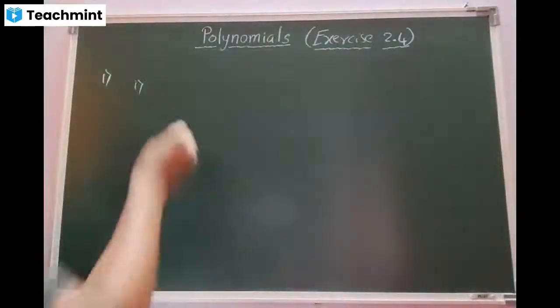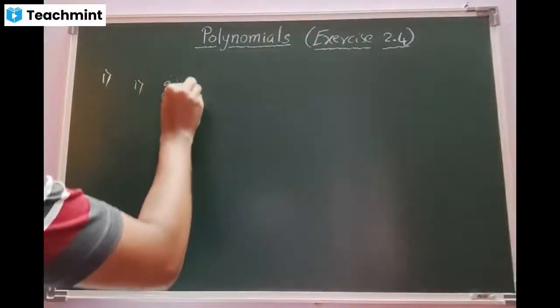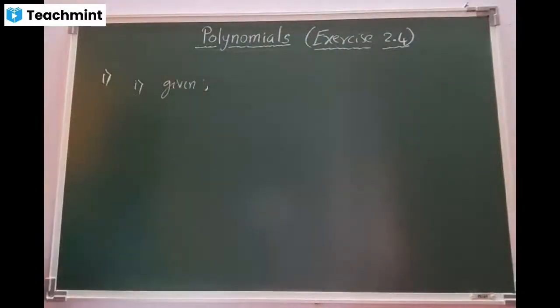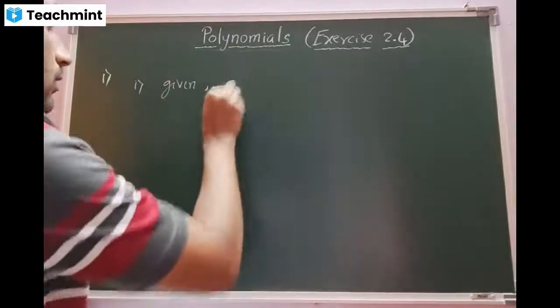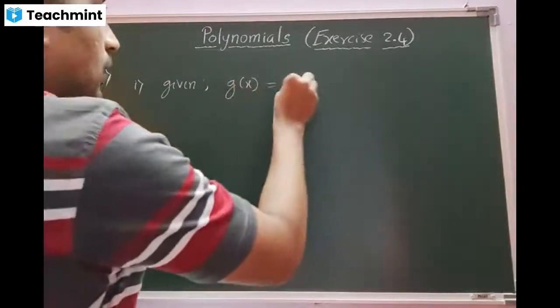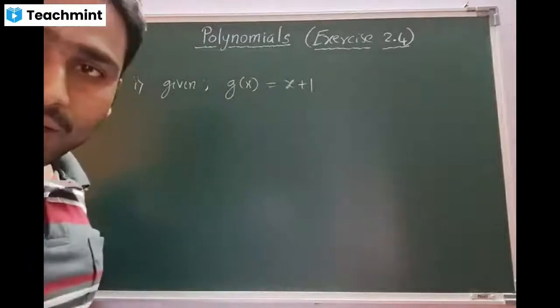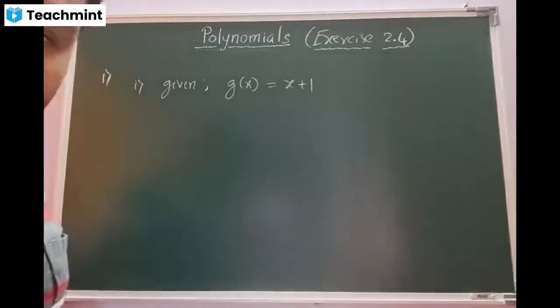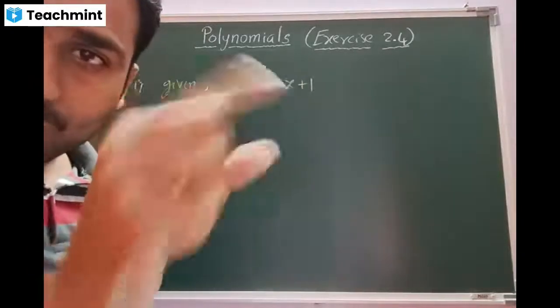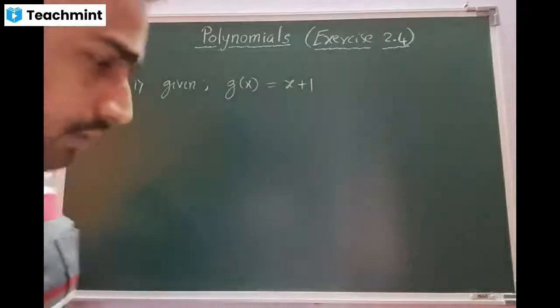Okay, beta, let us see how to solve it. First question I'll solve. Given g of x is equal to x plus 1. Beta, understand, first I'm writing the divisor here because in the title of the question, the divisor is given.